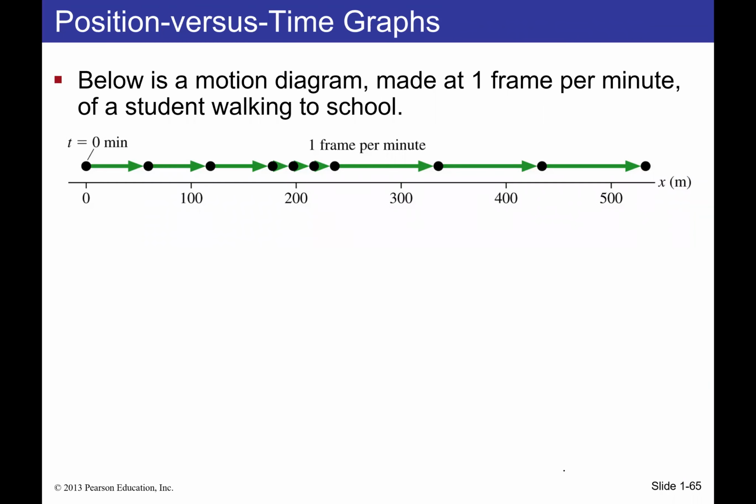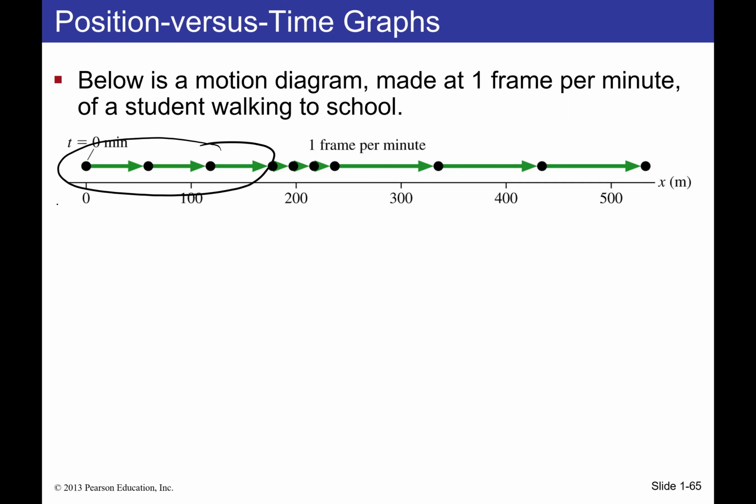All right, so here's a motion diagram. One of the things we're going to be doing a whole lot more in the next chapter is breaking this down into three segments.